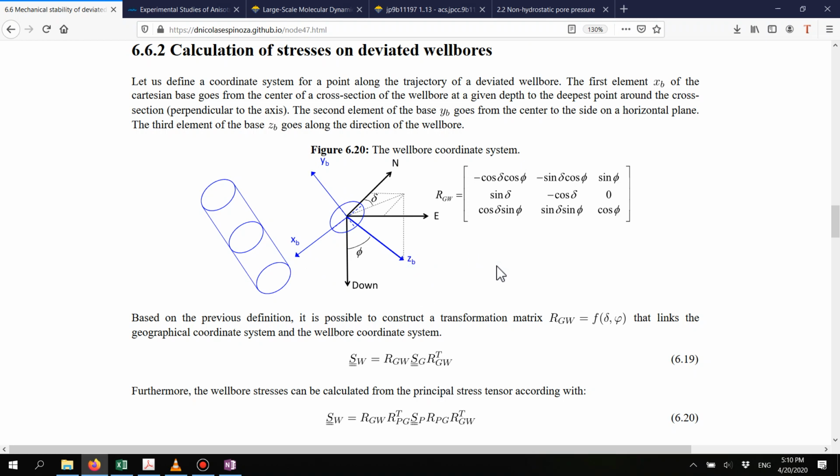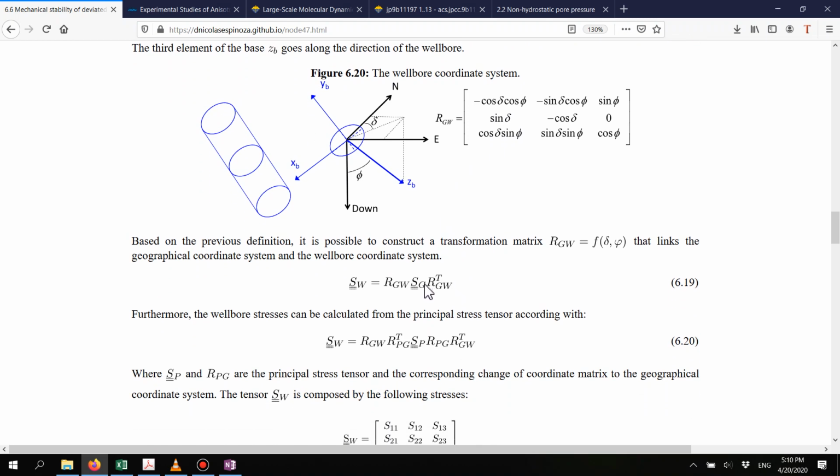All right, so once you have the azimuth and the deviation of the wellbore, you can build this matrix, which is going to allow us to convert the geographical coordinate system into the wellbore coordinate system.